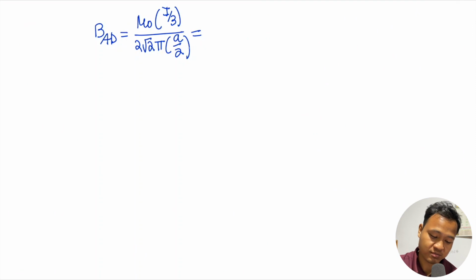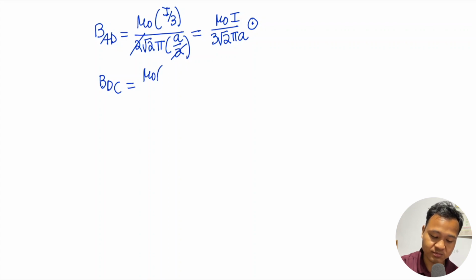Here 2 gets cancelled out, so you'll have mu naught into I divided by 3 root 2 into pi into A, and this is outwards. Similarly B_DC, solve it, as the current is the same, you'll have mu naught I by 3 root 2 into pi into A. So this is also outwards.